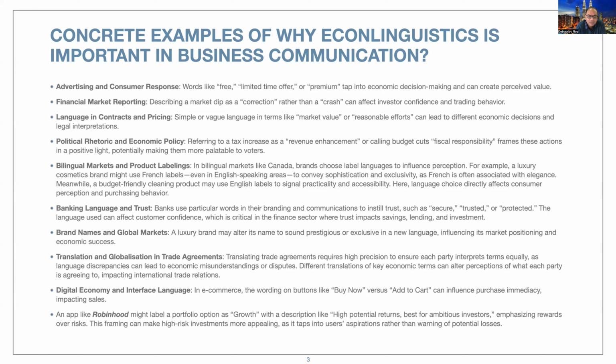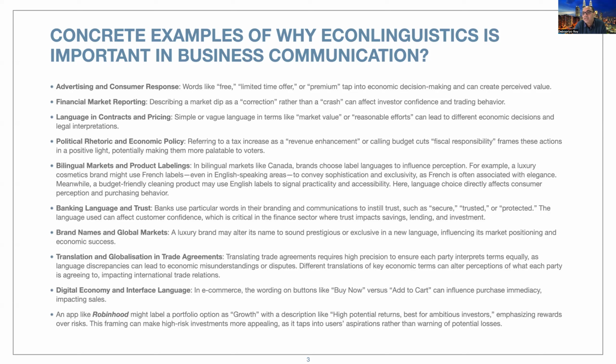And then in financial apps, you often see terms like growth, high potential returns, best for ambitious investors, and so on. These are all advertising terms which are not exactly what they mean. So if you click on those terms, if you click on modest growth portfolios, it may not take you exactly there, and it will give you several options which you can then misinterpret, and it will take you to another option.